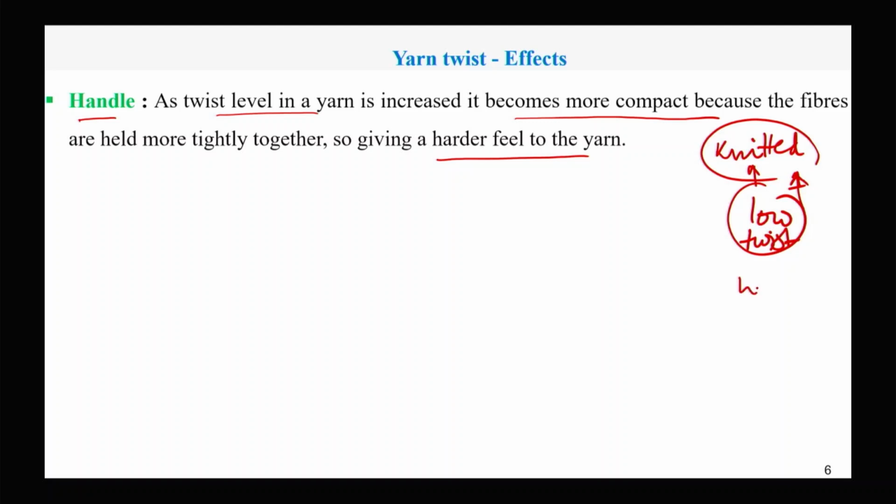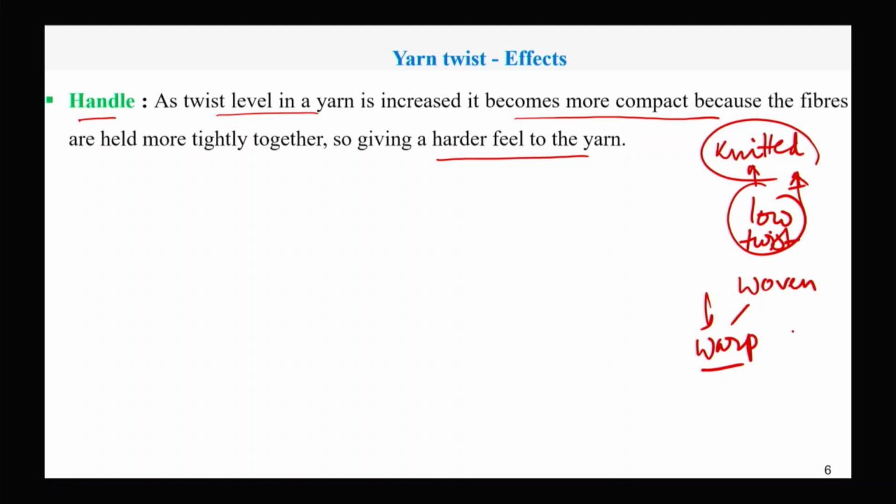For woven fabric, particularly for warp, we need a yarn which is compact. A little bit high strength is required, and compact yarn is required because the yarn has to move through the heddle, the reed and the sley. So there will be high rubbing action. We need a compact yarn so that fibers don't come out.